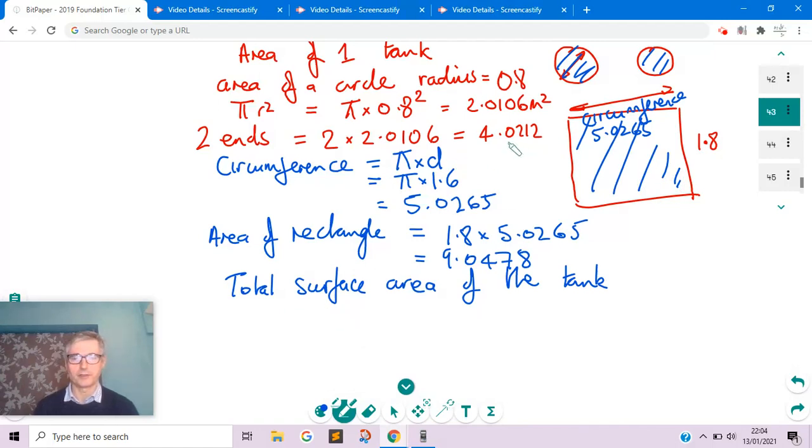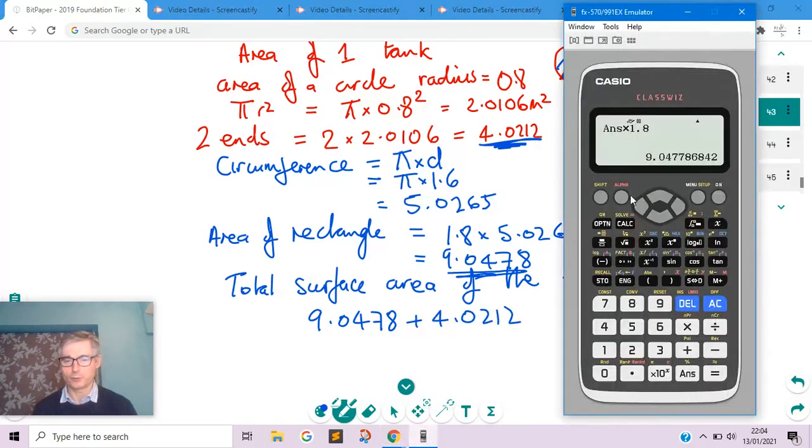So I'm just going to take the number I got for the 2 ends there and add it to that. So total surface area is going to be 9.0478 plus the 4.0212. So just keep that figure on the calculator and just add 4.0212, and I get that.